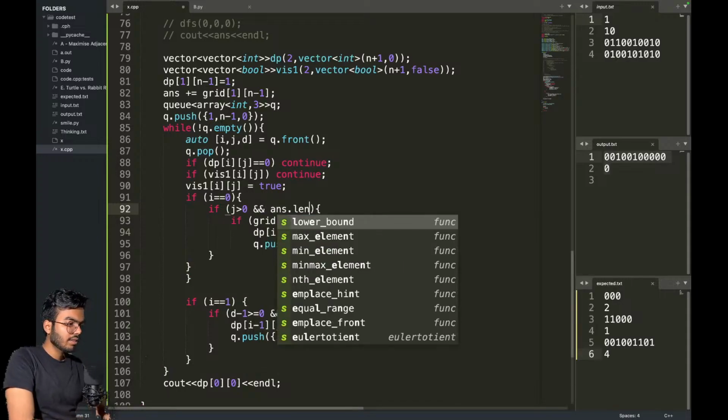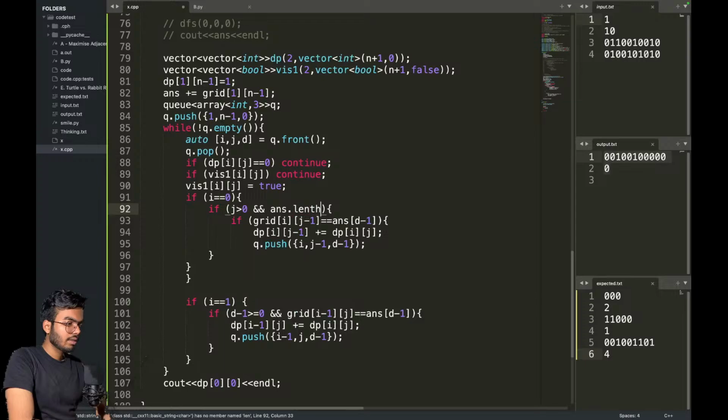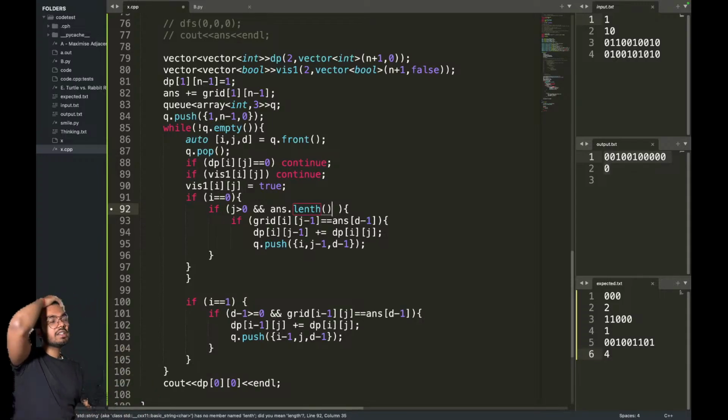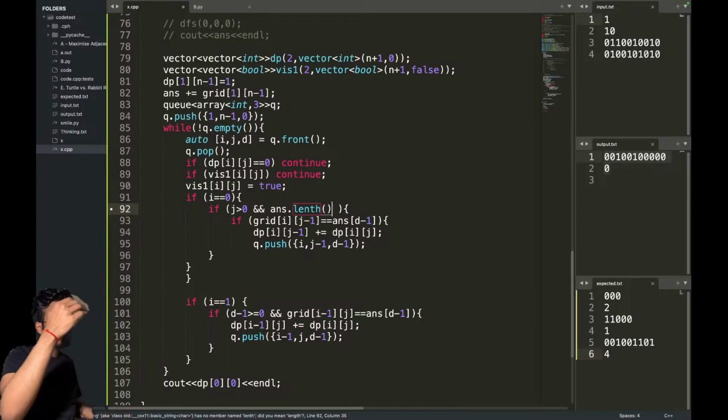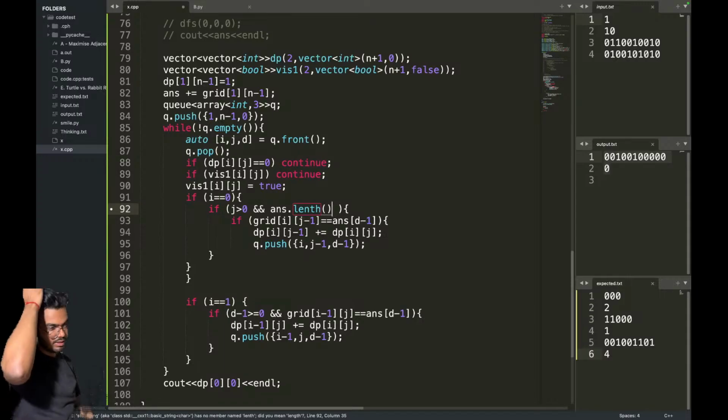If answer dot length, I mean, then there is only one possibility that I can only go left. Otherwise, I can go up. Once I am up, then I can only go in that direction, right?